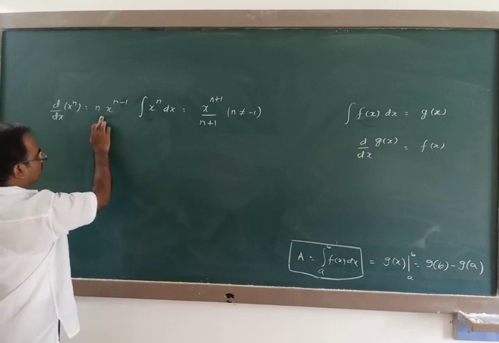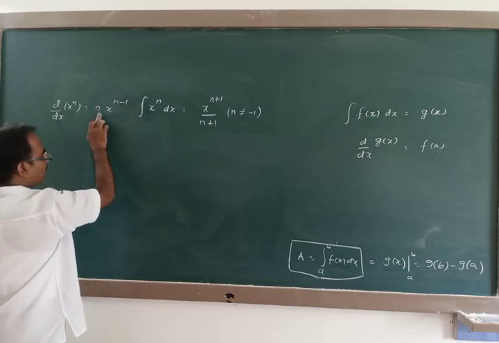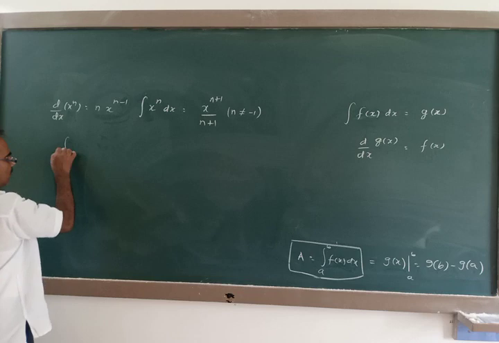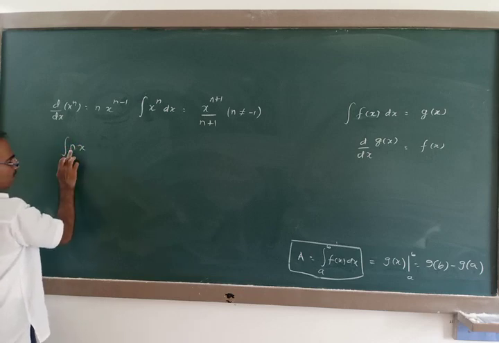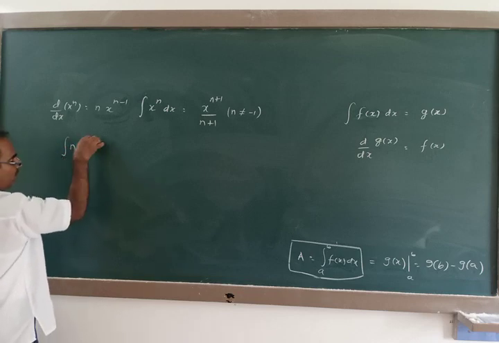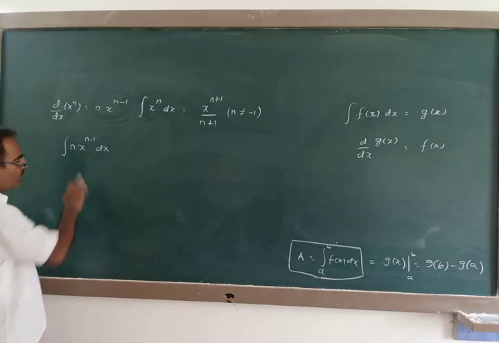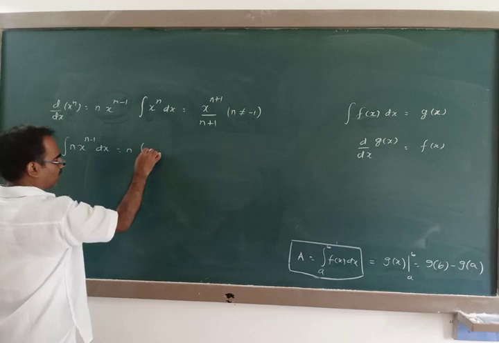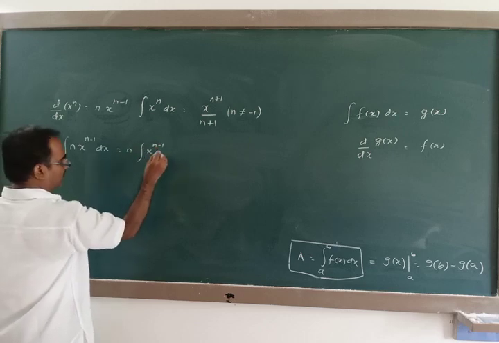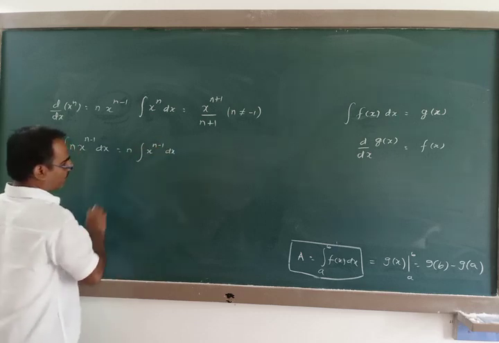Now, if I integrate this fx, integral of n x to the power of n minus 1 dx, here n is a constant. So, integral of x to the power of n minus 1 dx.